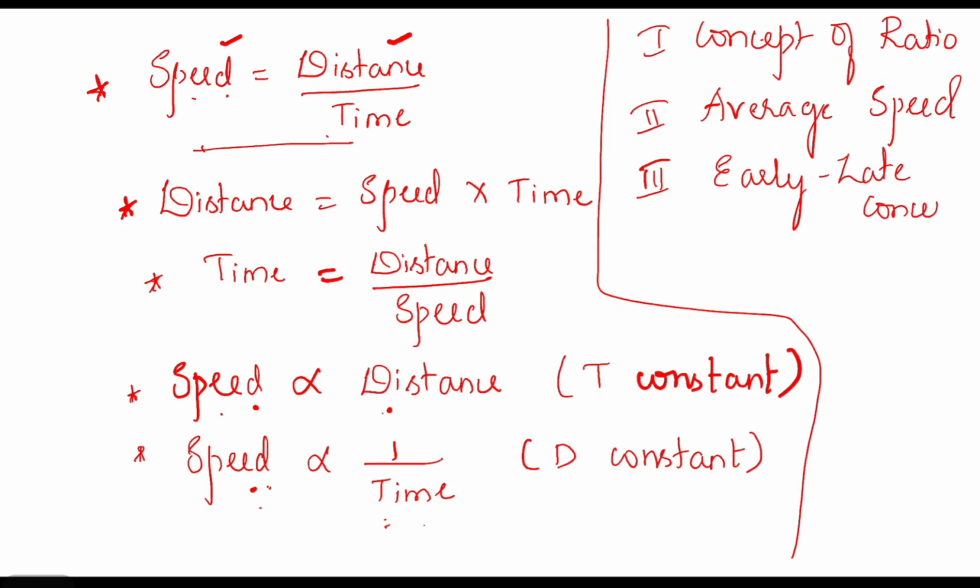That is, there will be some problems that if a person travels at so and so speed, he will reach the school in a given time. But if he decreases his speed he is some minutes late, but if he increases his speed, then he will be early by some minutes.